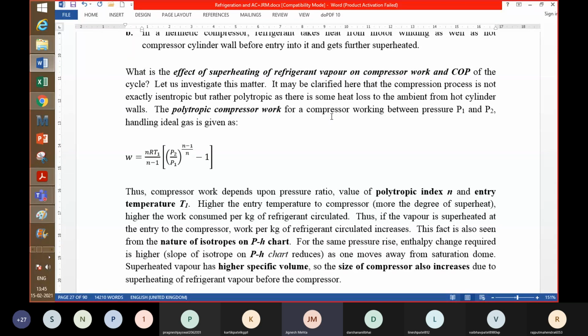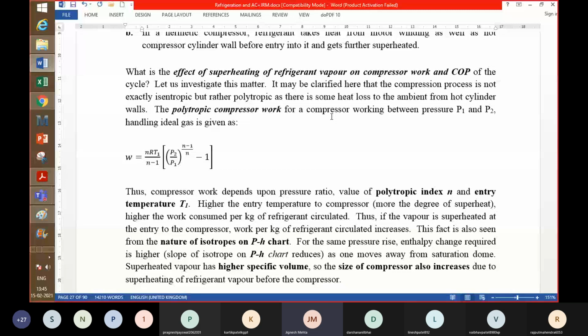It is nRT1 upon n minus 1, where T1 is the compressor inlet temperature and n is the polytropic index. If it is adiabatic, you can write gamma for that substance. Then the bracket contains the ratio P2 upon P1, where P2 is the compressor outlet pressure and P1 is the compressor inlet pressure, raised to n minus 1 upon n, minus 1. So this is the formula for polytropic work in kilojoule per kg.